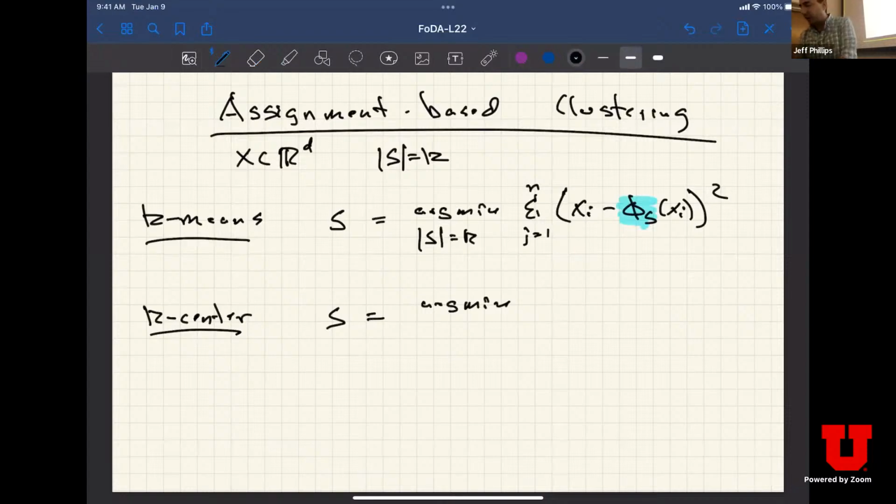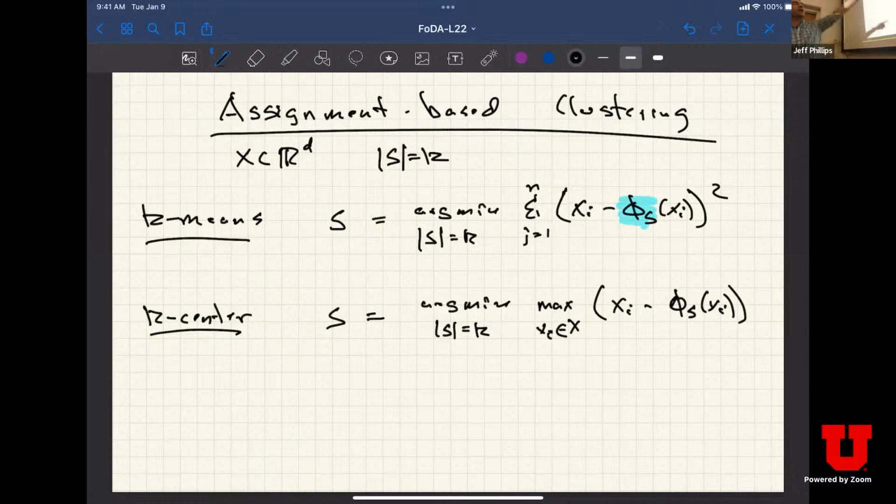One clustering is better than the other, but I can do other cost functions here where I can say argmin of the max over Xi in X of norm of Xi minus phi of S applied to Xi. Or I can say I want to minimize the furthest point mapping. That takes the max there. That's the K-center formulation.